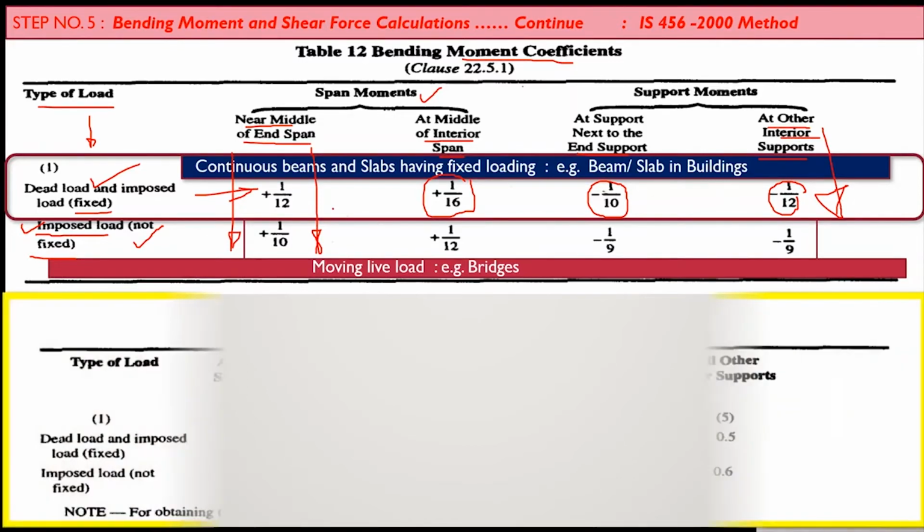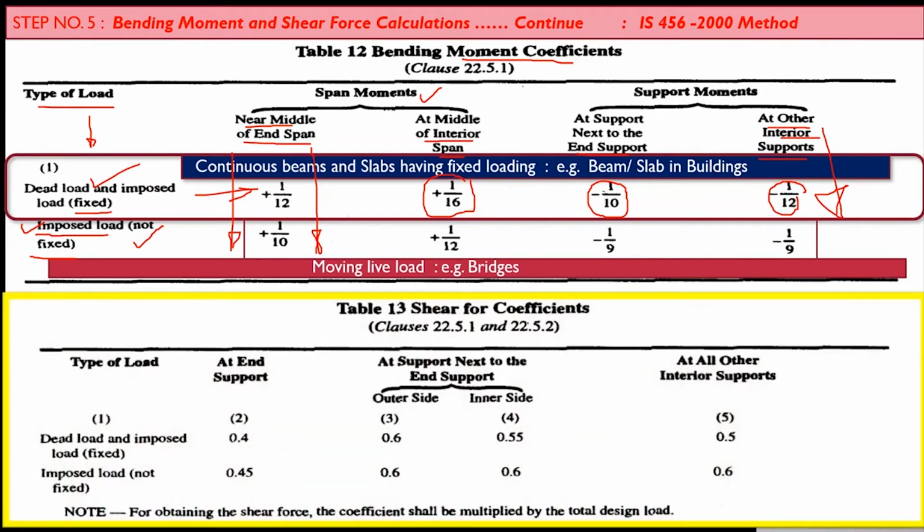Now for shear force calculation you need shear force coefficients, which are in table number 13 in IS 456. Just like table number 12, we will refer to table number 13 for the calculation of shear force value, that means we will take shear coefficients.